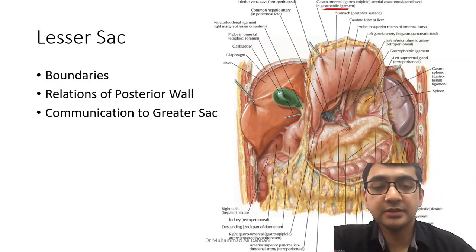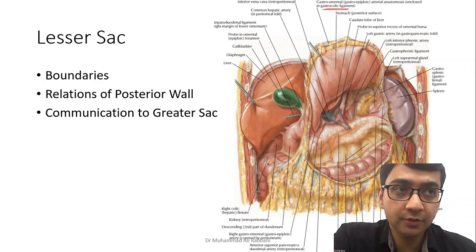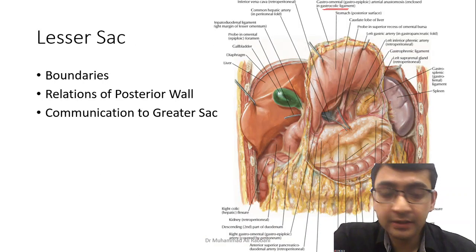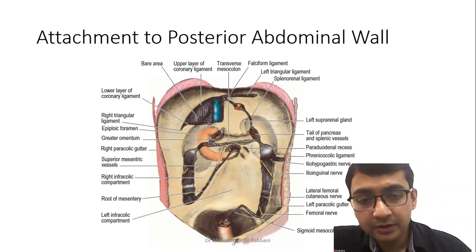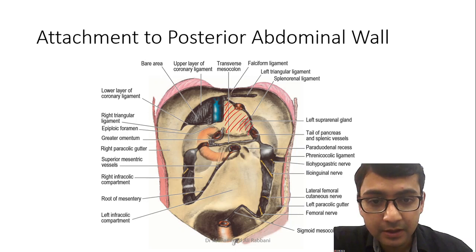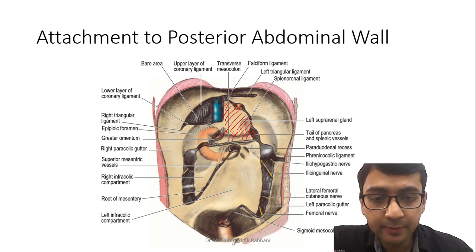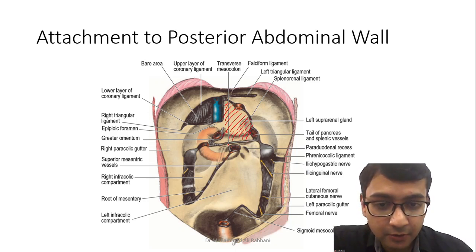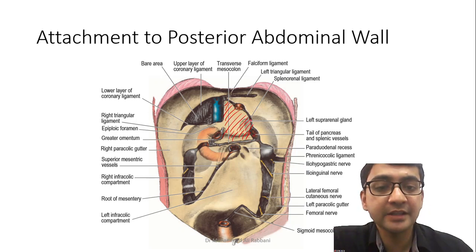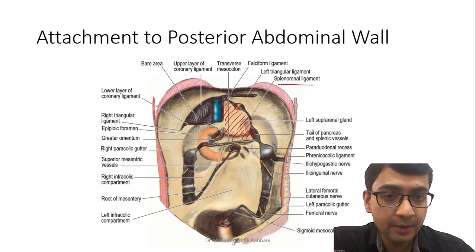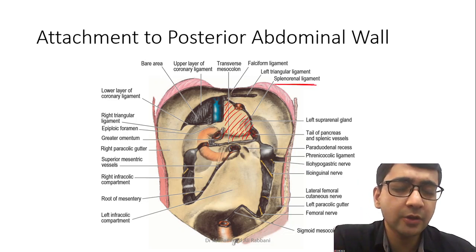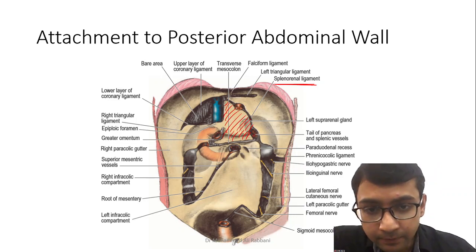So these are the boundaries. We discussed the anterior wall, the posterior wall, the structures behind the posterior wall, and we can even discuss the lateral aspects. This is the posterior wall of the peritoneal sac. Below it is limited by the attachment of the transverse mesocolon. On the left side it is limited by the attachment of the splenorenal ligament, or lienorenal ligament.